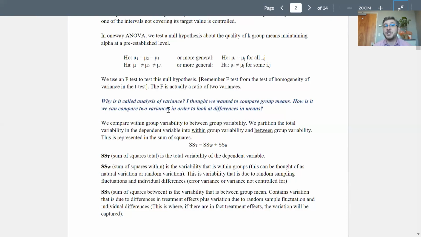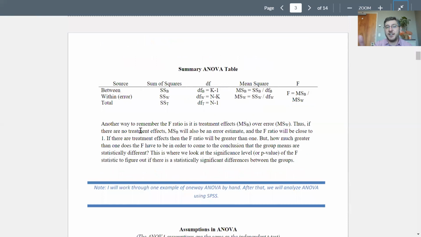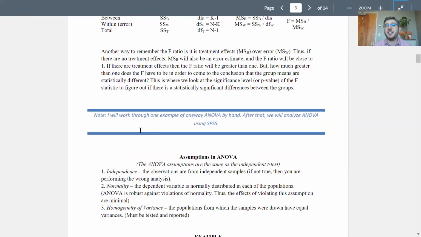If there really was a treatment effect or a difference between the groups, we'd expect that to show up in the between groups variation, or the sums of squares between. So the ANOVA is actually an F test, a ratio of the between and within group differences. I discuss that here.